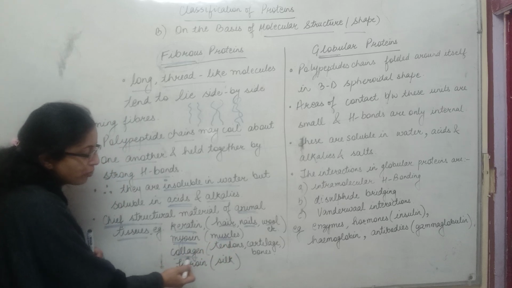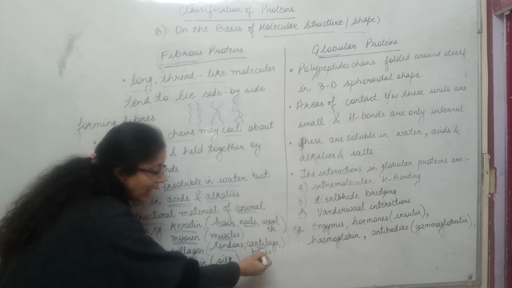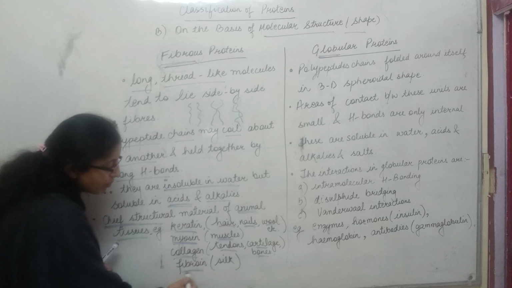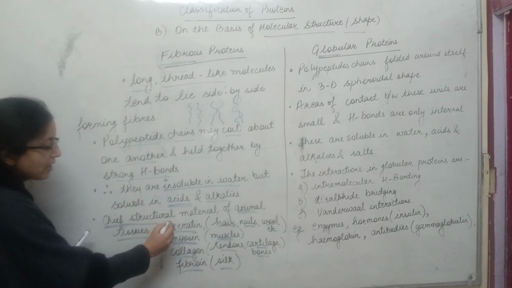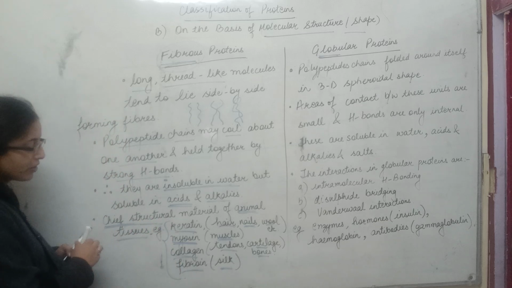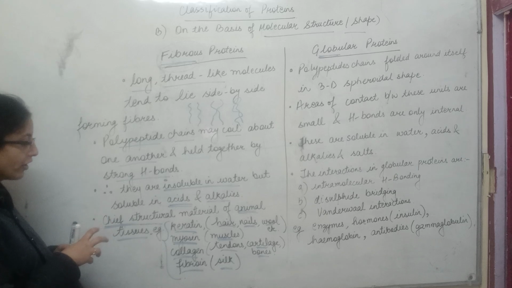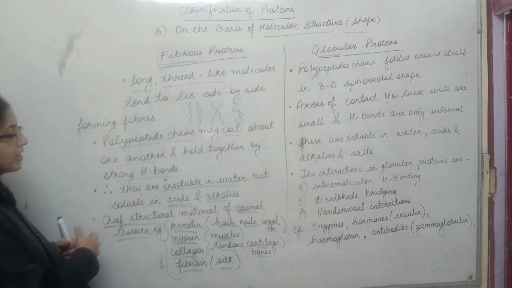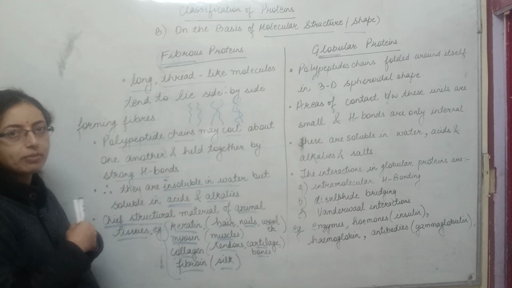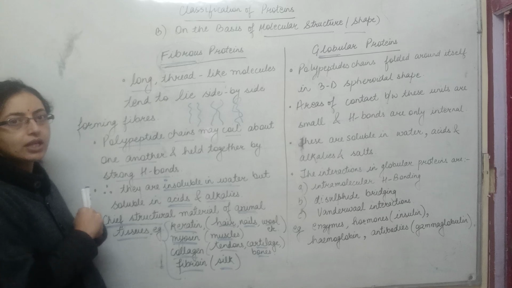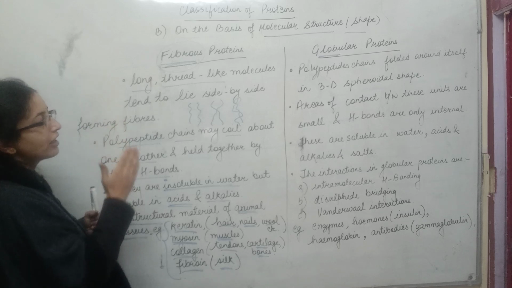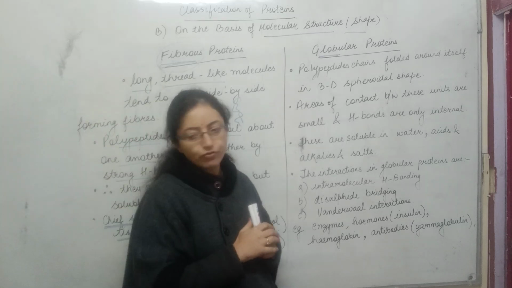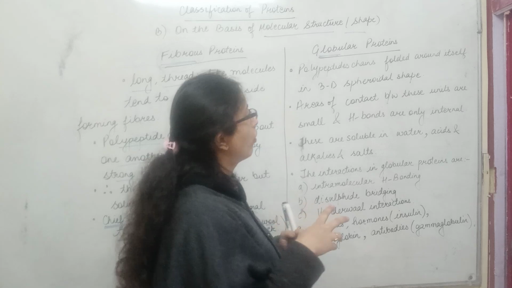Similarly, collagen is another protein which is found in tendons, cartilage, bones, right? Then fibroin is present in silk. So these are some of the important fibrous proteins. Remember that the structural material of animal tissues is basically these, and they have strong hydrogen bonds in the polypeptide chains, so they are generally insoluble in water, with a thread like or fiber like protein structure.